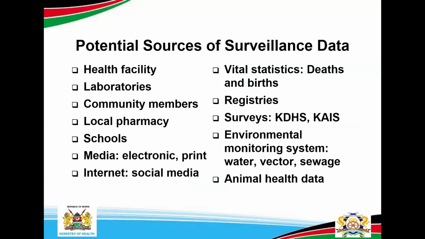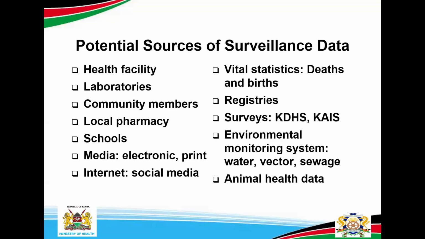So, where can we get the surveillance data, or sources of surveillance data? We talked of collecting information, which is continuous. When we talk of information, that's data that has already been analyzed. Surveillance data, we can just get it from the health facility that we are visiting.